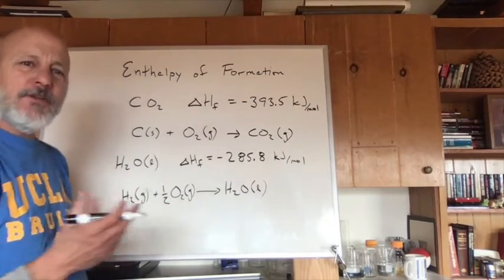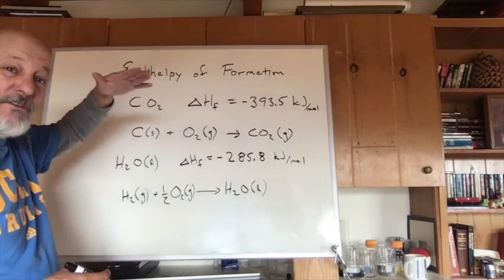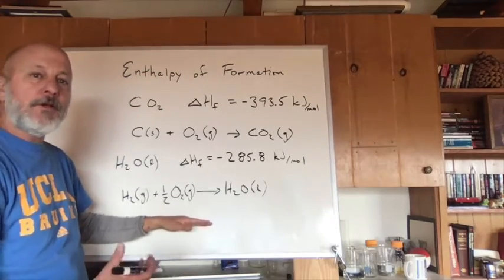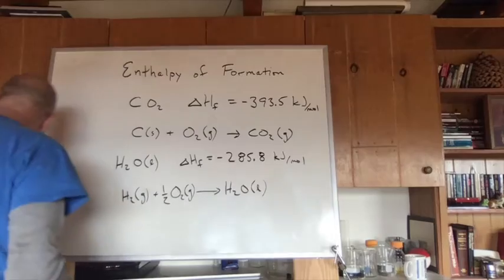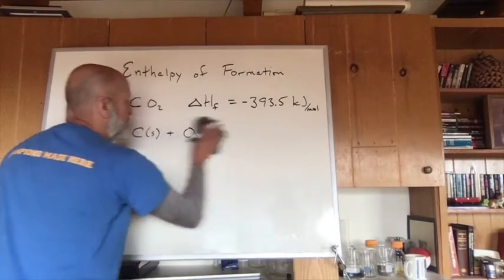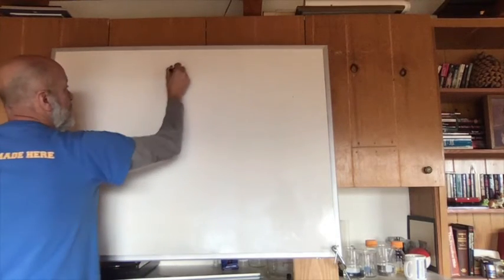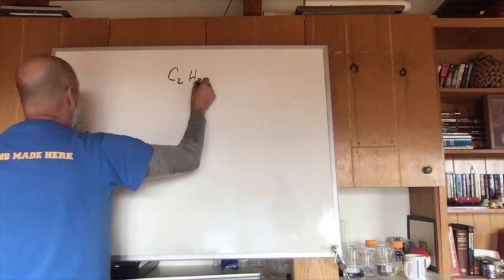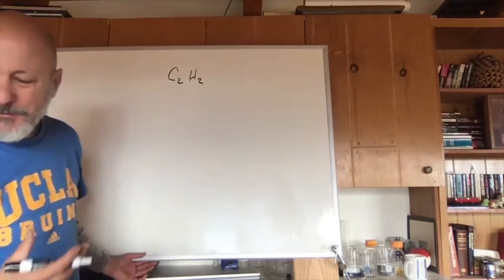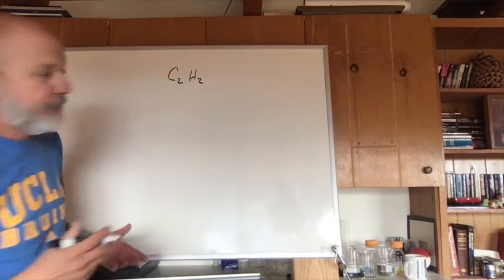I can start to see from enthalpy of formation that if something is unstable, higher potential energy is generally less stable. These have a drop in potential energy when formed from their elements. Something like acetylene, which burns very hot and is used in welding torches, is C2H2. It's a really reactive gas, and I looked up its enthalpy of formation.